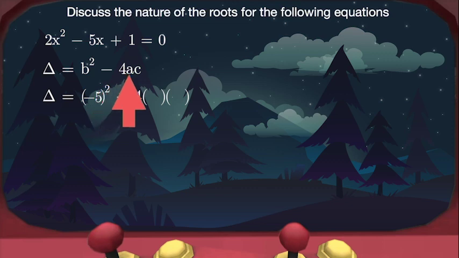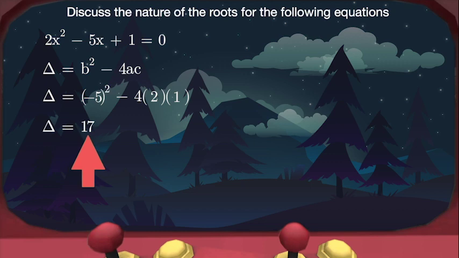And then we are going to do substitution of the a. So this 2, which is a, the coefficient of the x squared, goes into the place of a. And then the c is the constant, which is positive 1, and it goes into the place of c. Then we calculate this and we get an answer of 17. Well, delta is equal to 17.